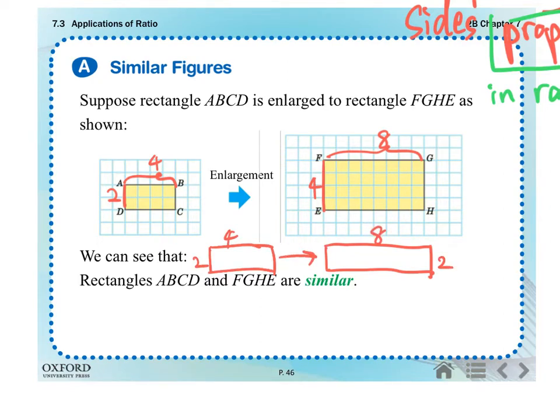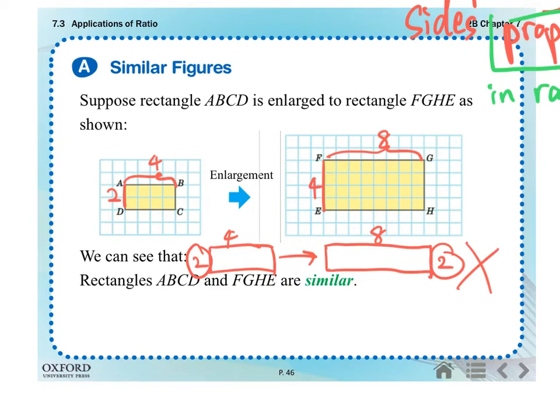This one is not similar. Although it looks like it's enlarged, only the length gets enlarged, but not the height or the width. And this one is not similar. We need to have the length and the width also get enlargement.